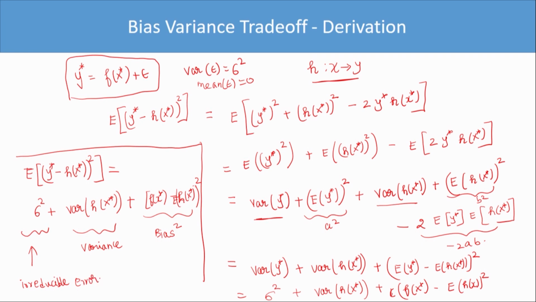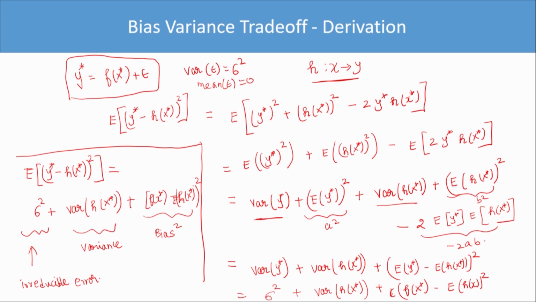So what we are saying is that on an average, the squared error that you would expect on a sample x comma y generated from the test set is the sum of three different terms: an irreducible error term, a variance term, and a term we are going to call the bias squared, right? So let's analyze these three terms in detail.